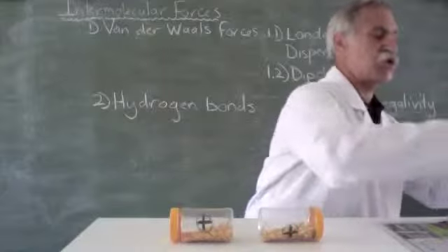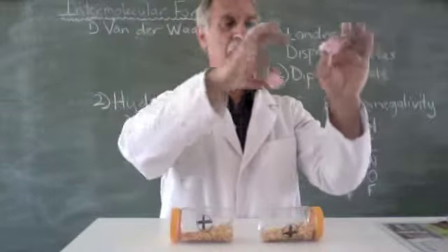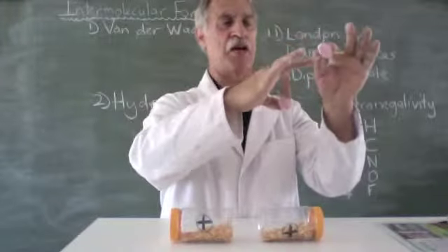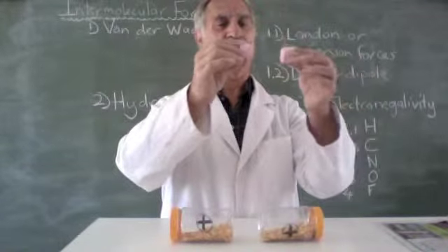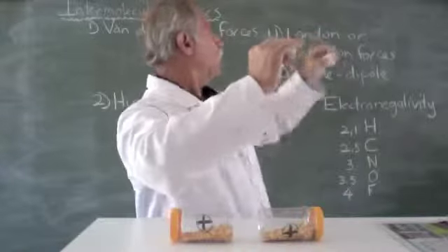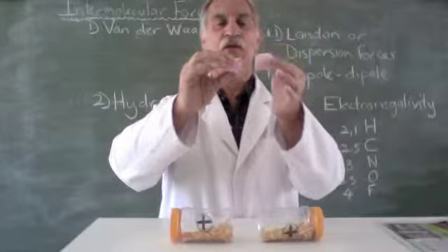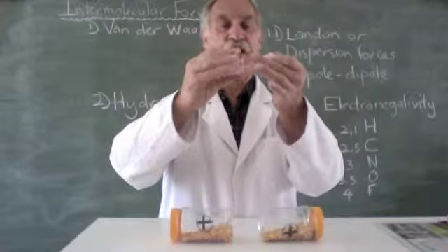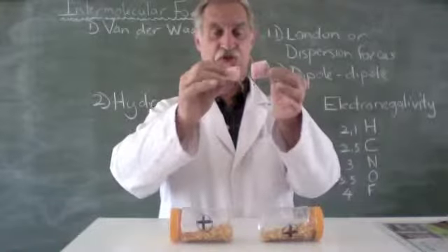If this is, for example, two methane molecules, this is your carbon and the match heads are your hydrogens, you can get London or dispersion forces between these hydrogens, doing exactly what I've described there.